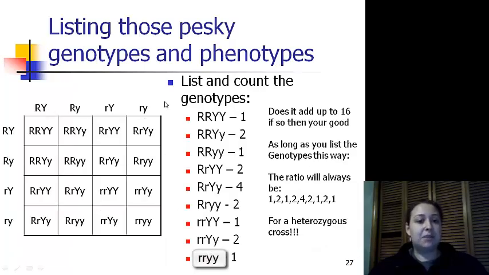So in this Punnett square, we're going to list all the different genotypes. Oh, we see a big R big Y. We see a big R big Y little y. We see a big R big Y, and we see a big R big Y little r little y. We see a big R little y, and you list them all. And you count them out.